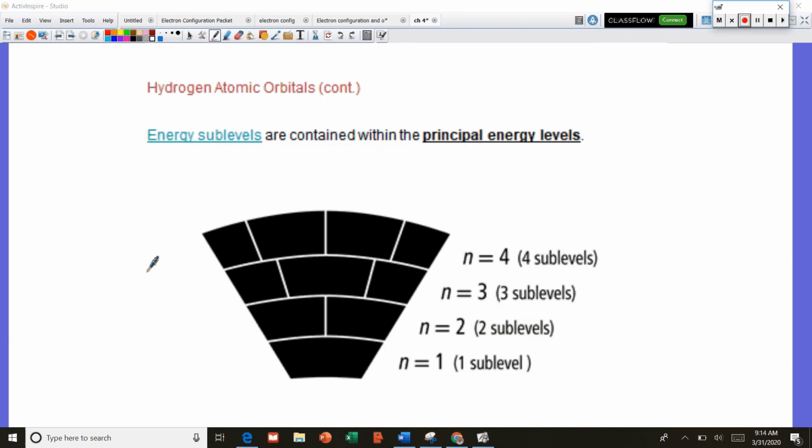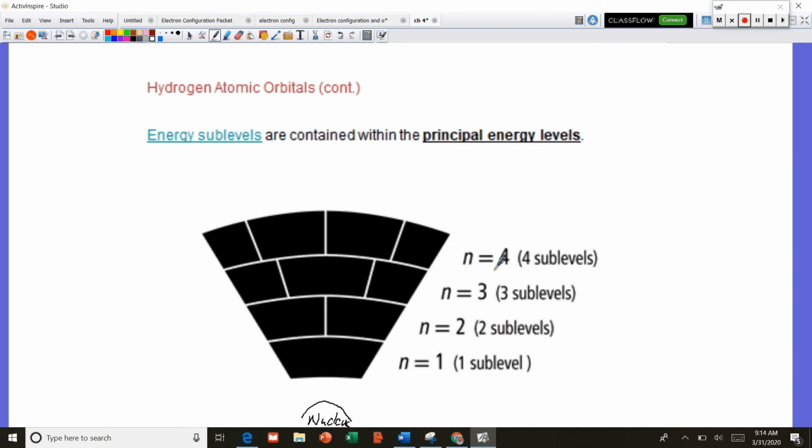All right, so looking at this in a different way. Somewhere around here we would have our nucleus. All right, so if we're looking at this and we have our nucleus, and these represent our quantum levels N1, N2, N3, N4.